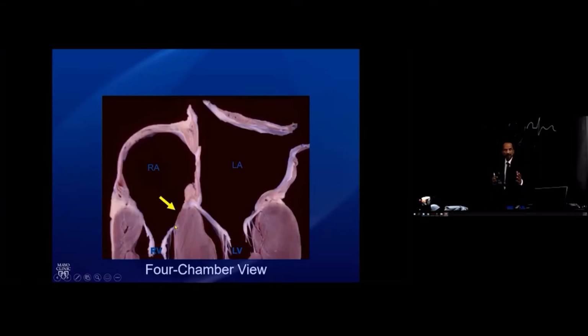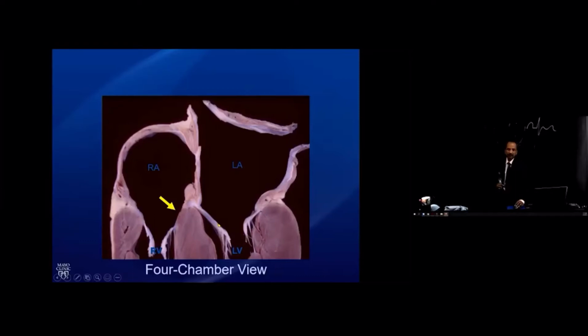And in all electrophysiologists, this is kind of bread and butter to us to know that if you stay ventricular, you will not injure the AV node. But that's only true on the right side.